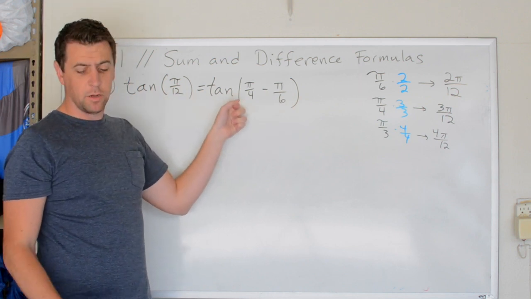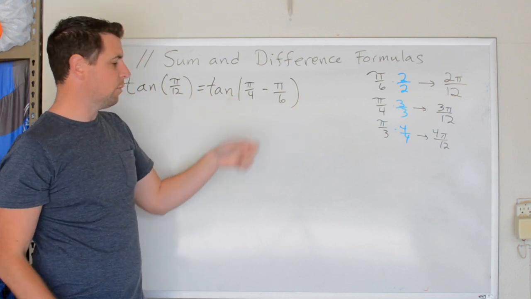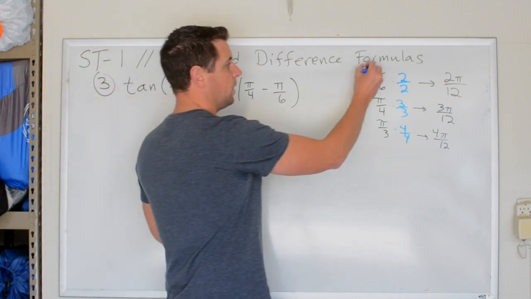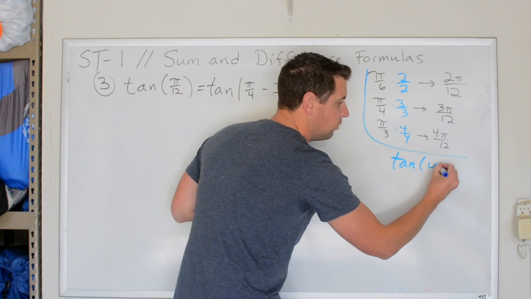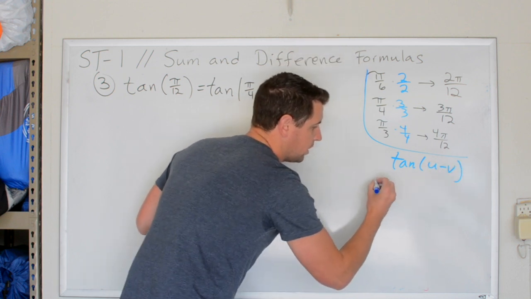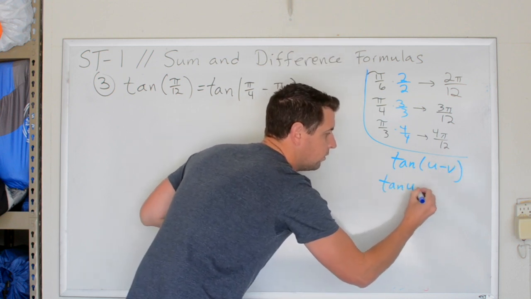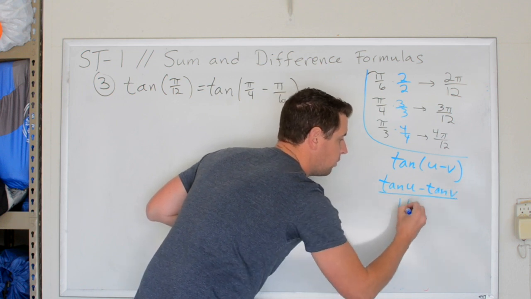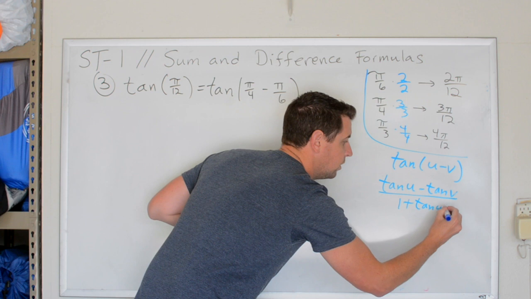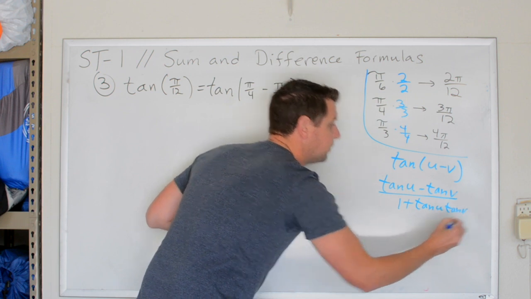At this point now, I'm going to use the tangent difference formula for tangent of u minus v. I'll write that down here. Remember, tangent of u minus v was equal to tangent of u minus tangent of v divided by 1 plus tangent of u times tangent of v.